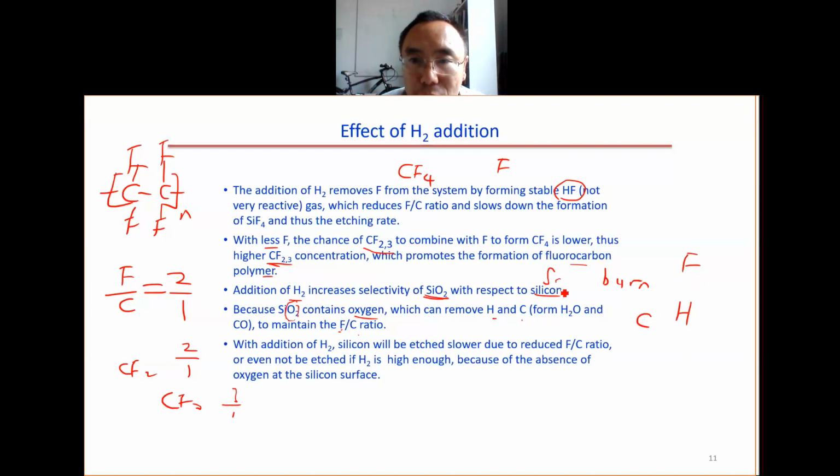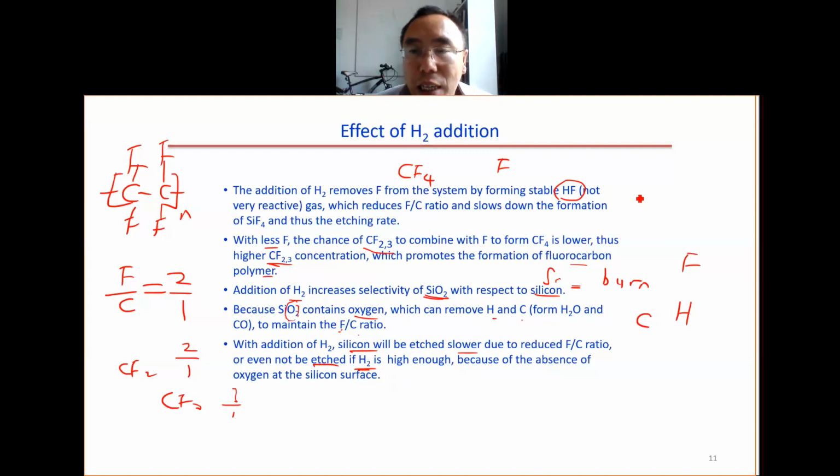For the silicon, there is no oxygen, so this will not happen. So the silicon etching will actually be slower because of the reduced fluorine to carbon ratio. If we have too much hydrogen, there will be no etching because you have too much polymer formation.